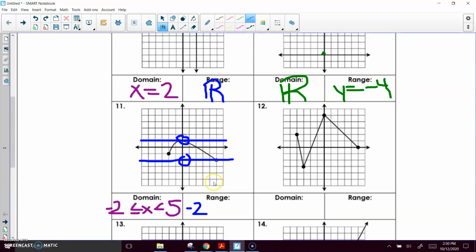My high value corresponds with 1. In terms of my low value right here, I have an open circle, so I cannot be equal to -2. But on the top, there's no open circle there, so it does include 1.